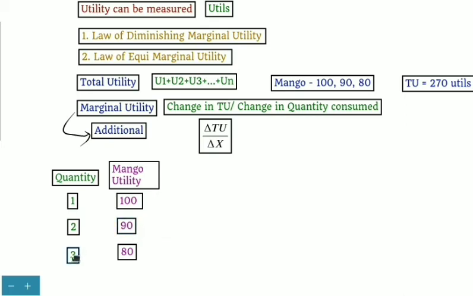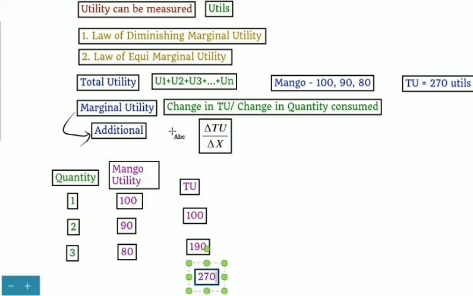So the total utility will be, in the first case 100, in the second 100 plus 90, that is 190, and in the third case 270. So the total utility will be 100, 190 and 270.